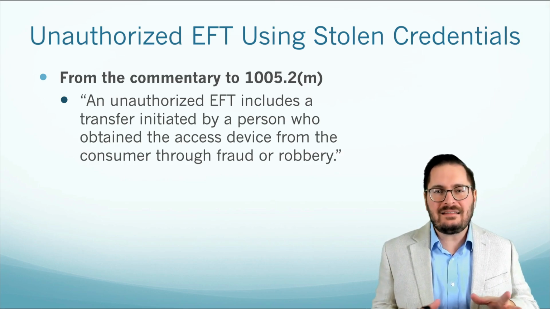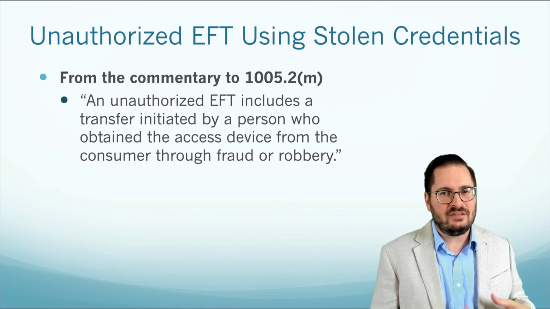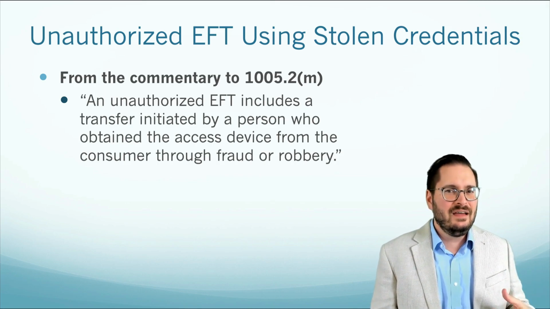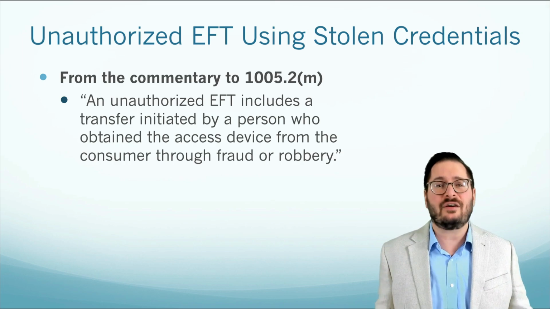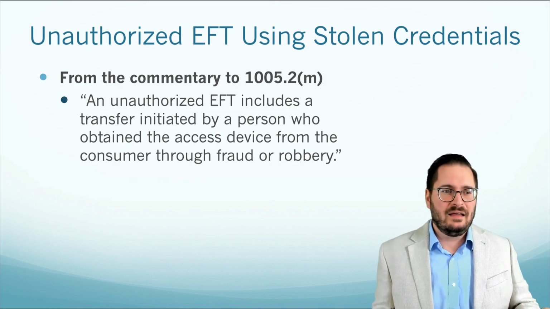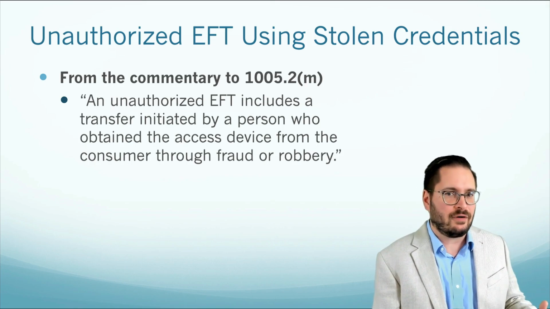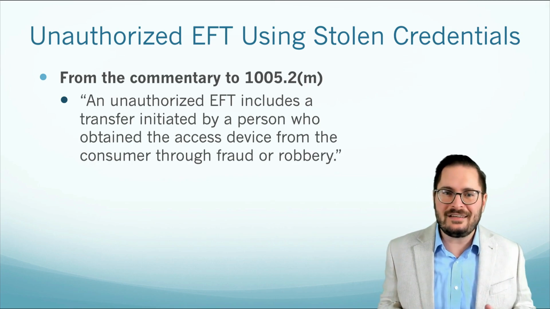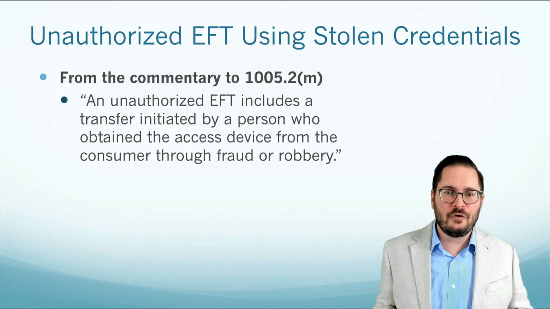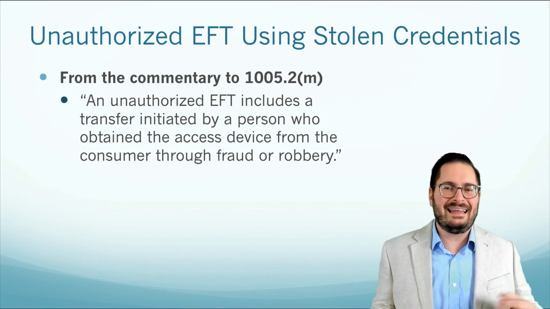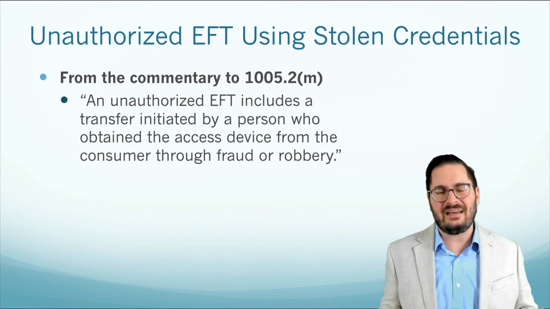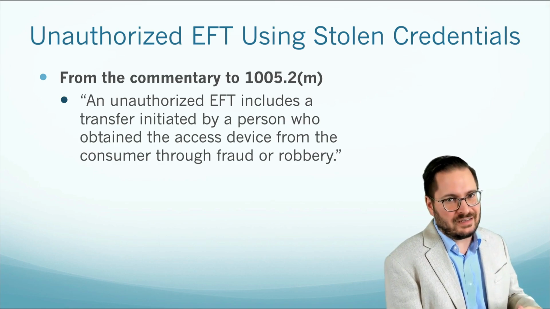Now, again, a lot of times in the past, people would interpret this to say that if the consumer authorized it, that's their fault. Even if it was obtained by a malicious person, they authorized it, and so they have to pay for it. Well, this clearly says if it was obtained through fraud or robbery, then it is considered an unauthorized EFT and the consumer would have protections.